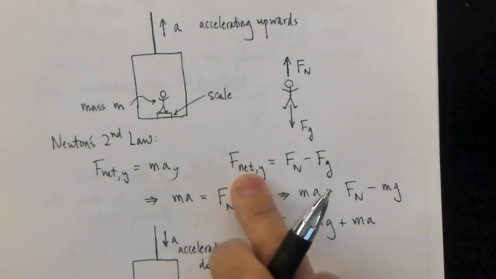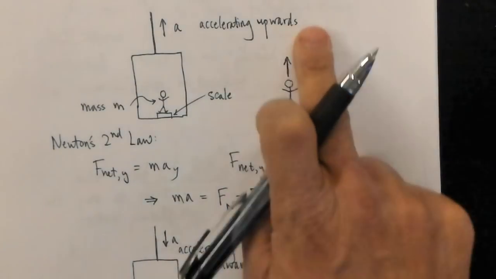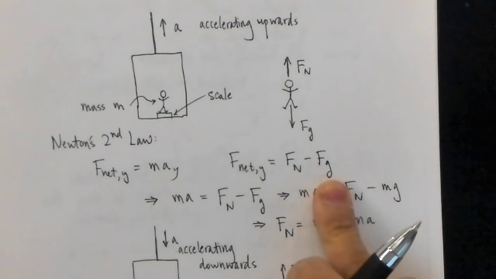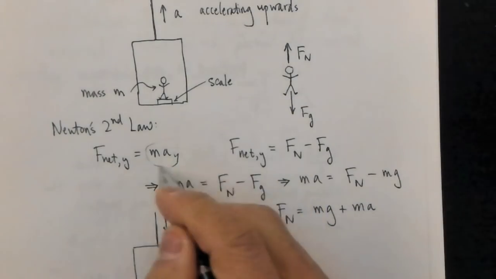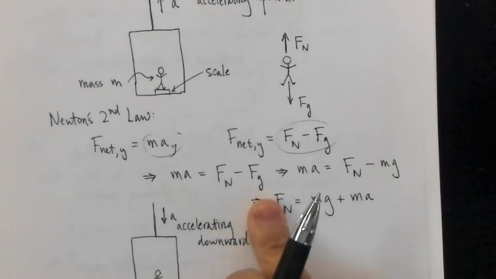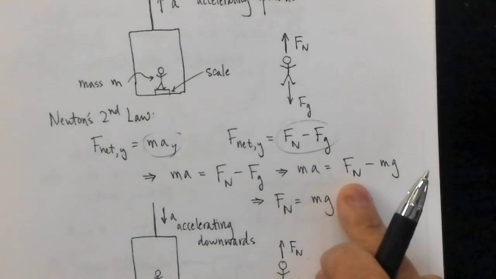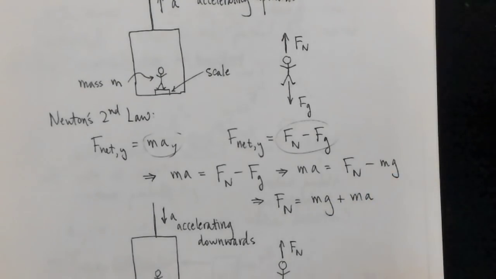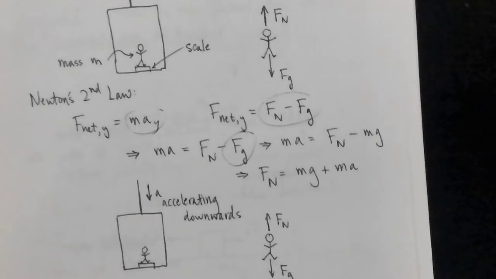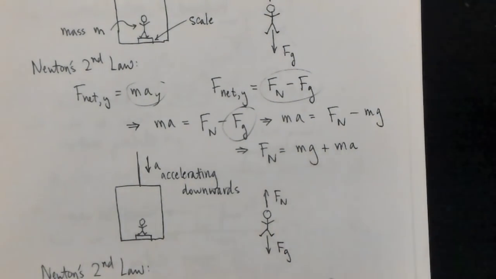F net y is the sum of the forces, so Fn minus Fg. So ma is equal to Fn minus Fg, which is Fn minus mg, because Fg is just m times g. And so we can solve and get that Fn is equal to mg plus ma.